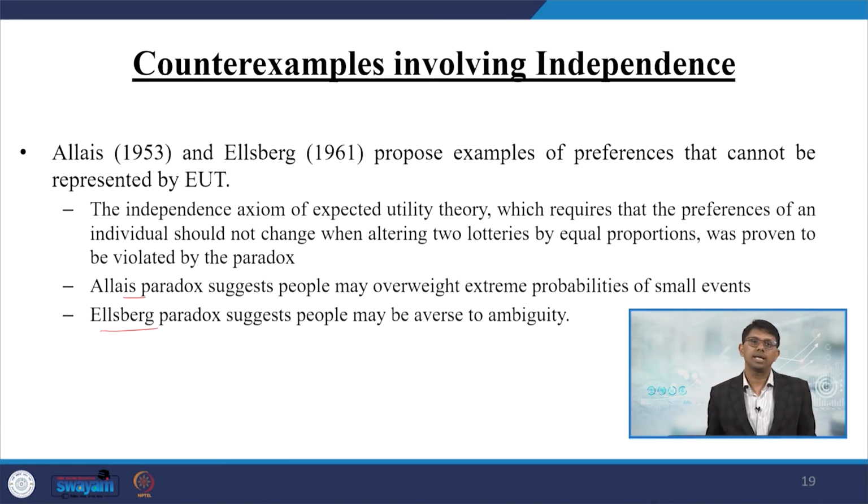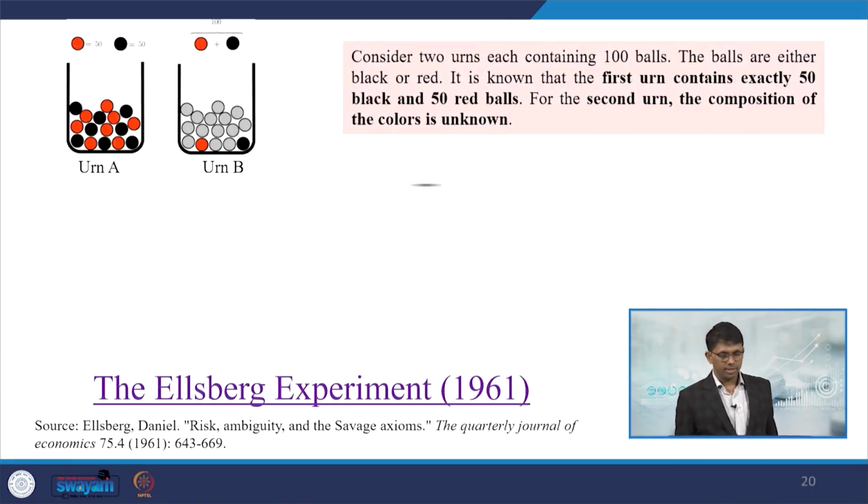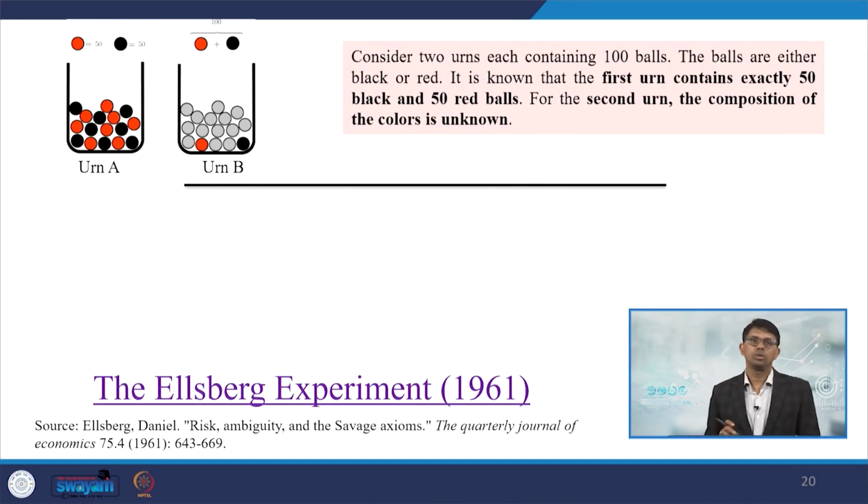We now present the Ellsberg 1961 experiment, and clarify these based on urns A and B through an example. Consider 2 urns each containing 100 balls. The balls are either black or red. It is known that the first urn contains exactly 50 black and 50 red balls.